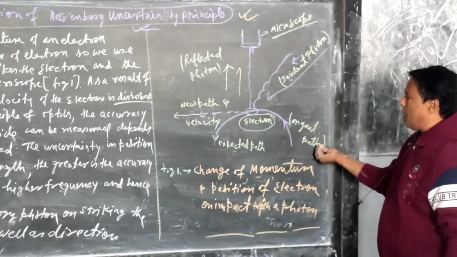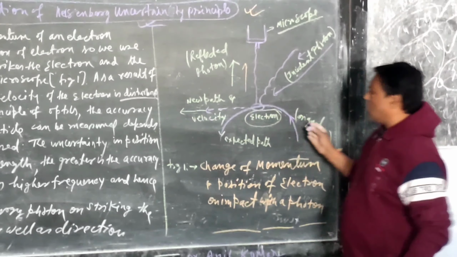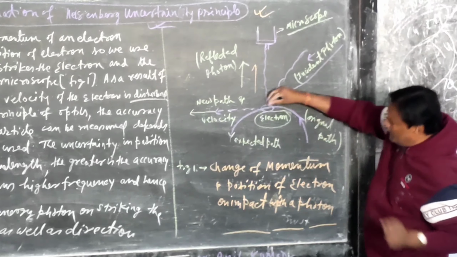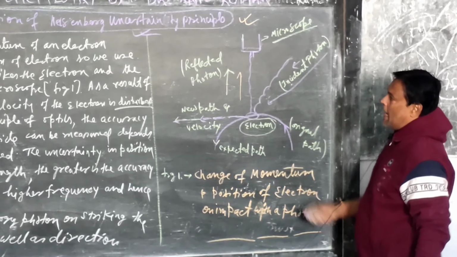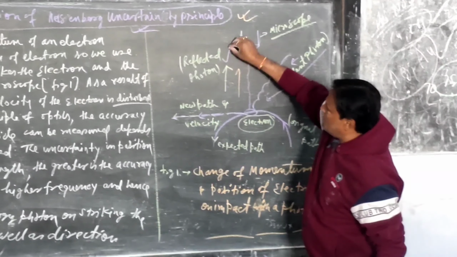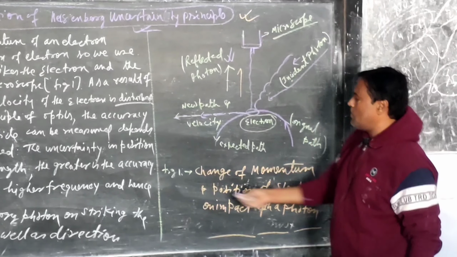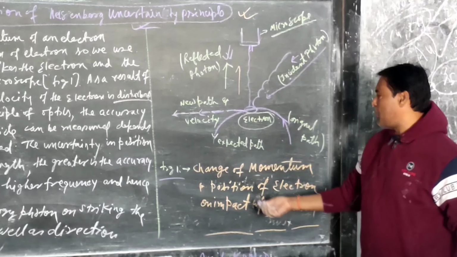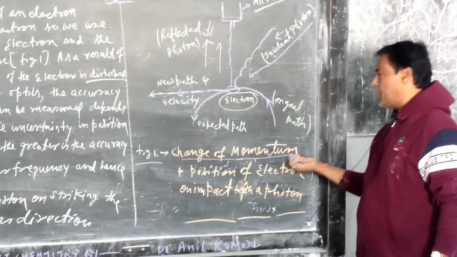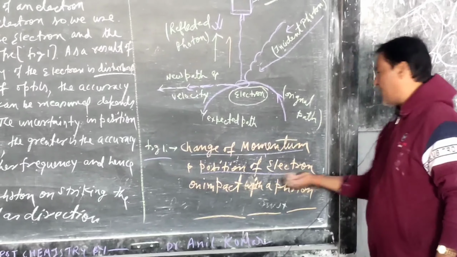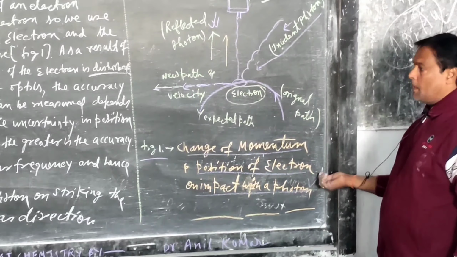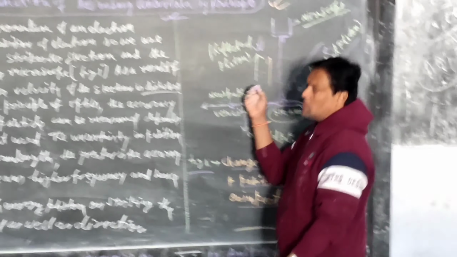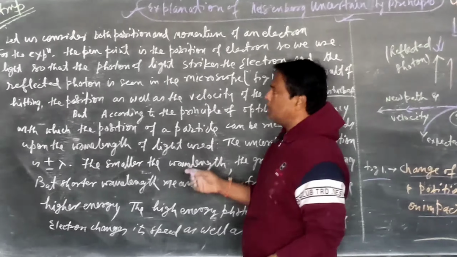This is the original path, and the new path of velocity may be like this, and the reflected photon will be this. This is figure 1, which indicates the change of momentum and position of an electron on impact with a photon.